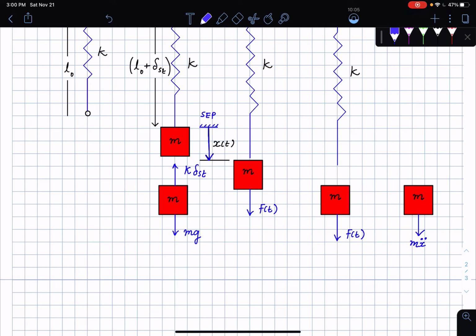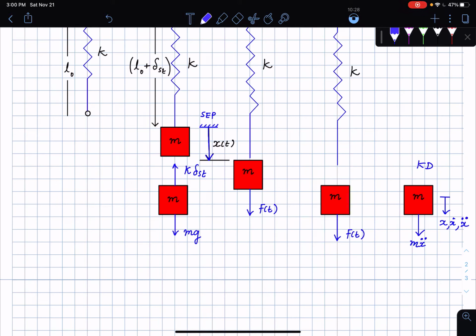Okay, and this is the typical sign convention that we have adopted in the past, where x dot and x double dot are taken to be positive if traveling this way. So this is the kinetic diagram.